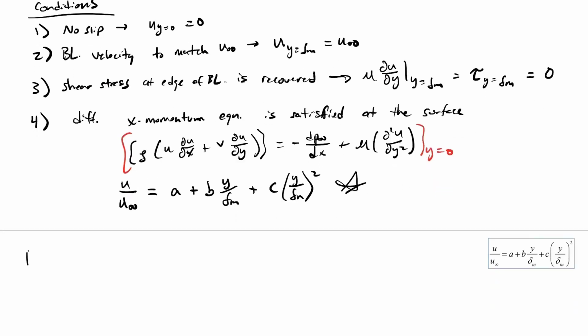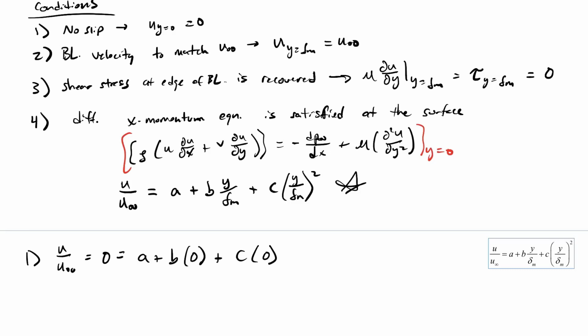So for 1, I'm going to say u over u infinity is equal to 0, which is equal to a plus b times, this is at y equals 0, so this is 0, plus c at 0.